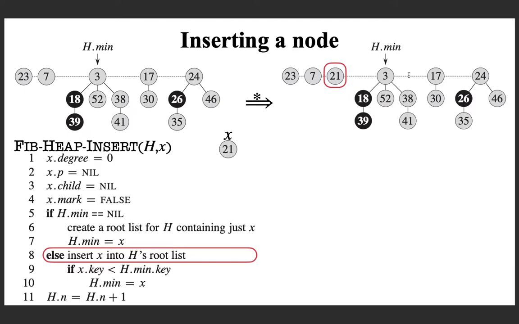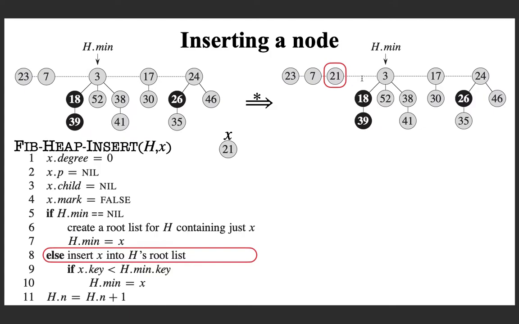If you recall what we discussed about insert in the last class, we are inserting it just as the previous node of the min. So this is an order of 1 operation, and now you just inserted a node with key value 21, and that is fine because the existing min key value is 3, so you don't have to change the min.